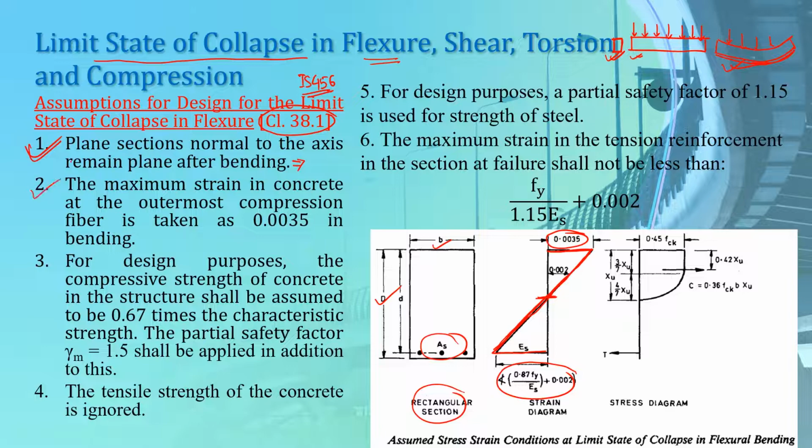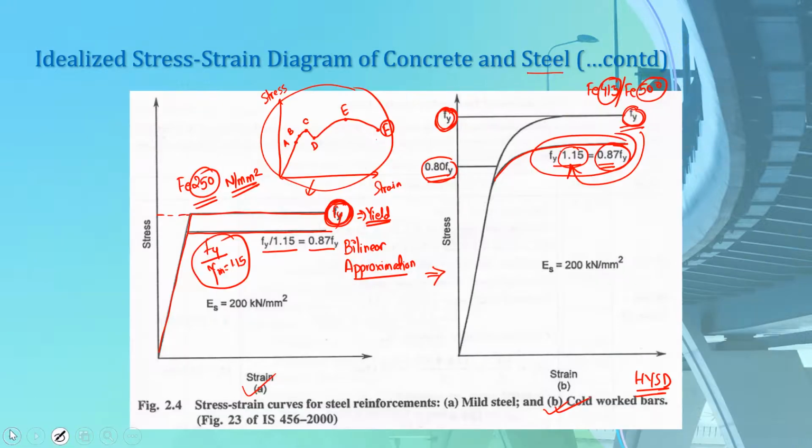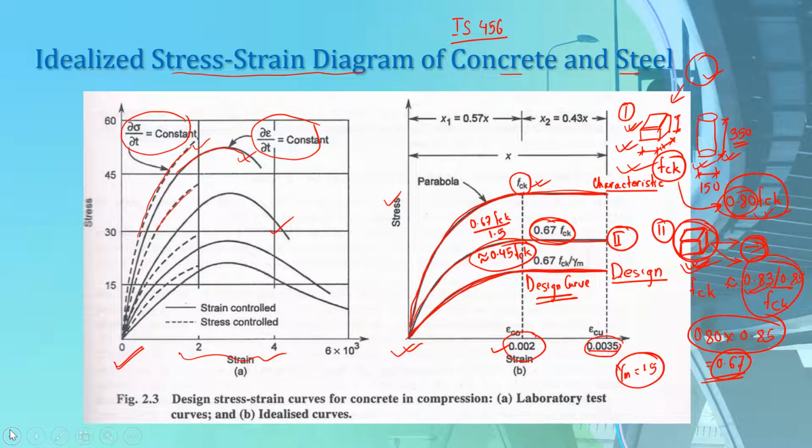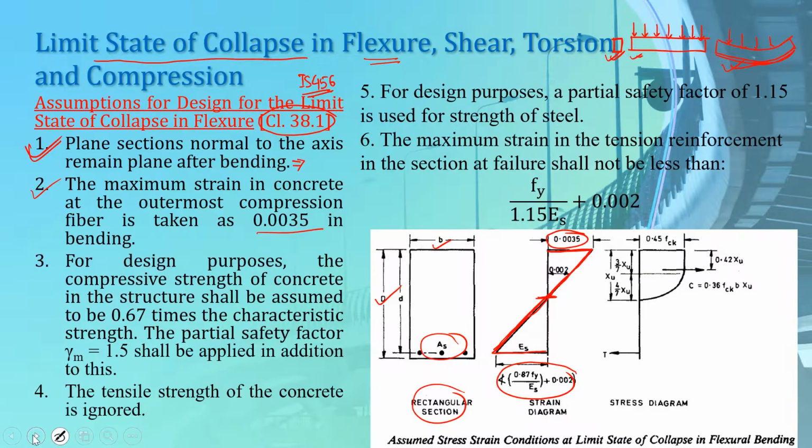In number 2, the maximum strain in concrete at the outermost compression fiber is taken as 0.0035 in bending. We saw in our idealized stress-strain diagram of concrete also, you can see the maximum strain that we have taken here is 0.0035. So we assume that the maximum possible strain in concrete at the outermost compression fiber is 0.0035, as shown in this diagram also.